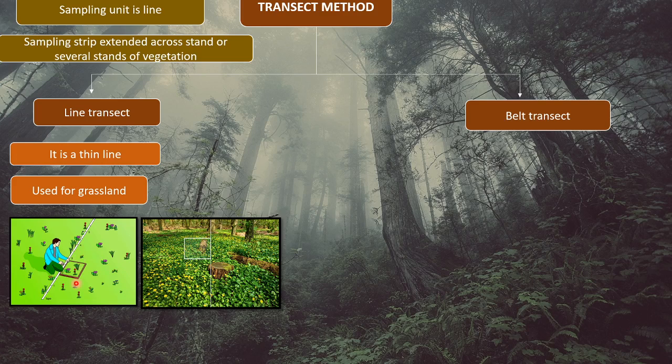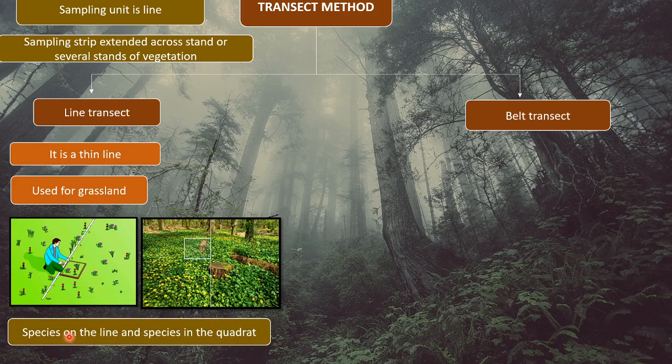So this is a line transect. Either I can calculate the species present on the line, or I can calculate the species present in this quadrat, and this quadrat is in combination with the line, right? Now what is a belt transect?